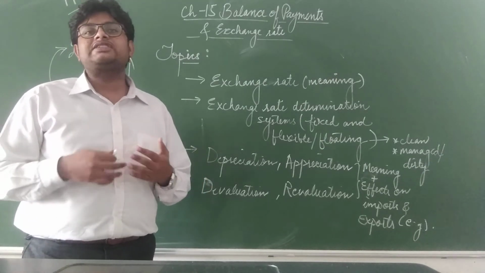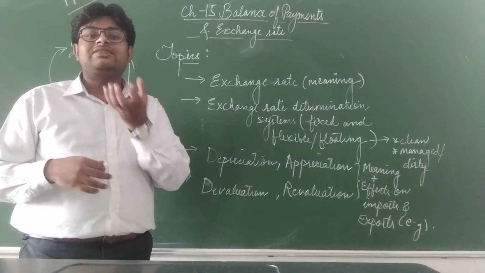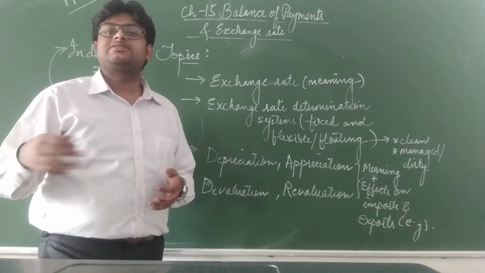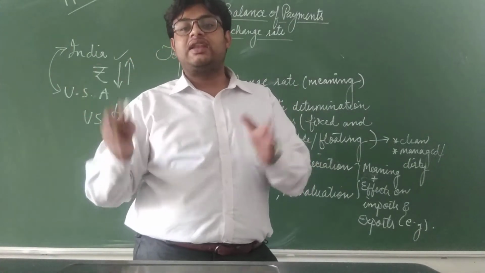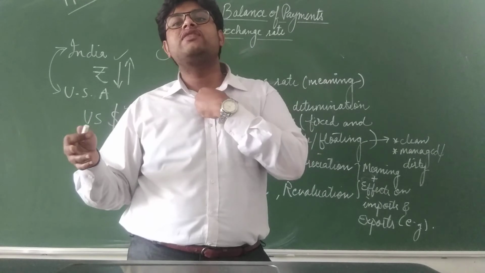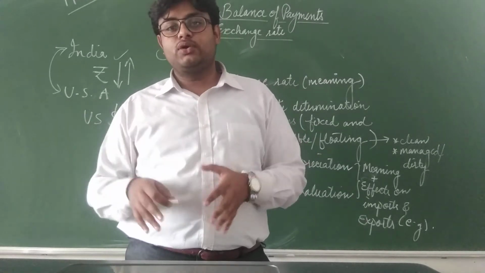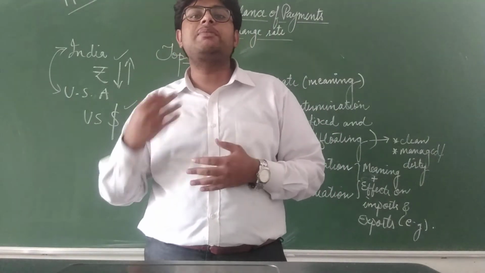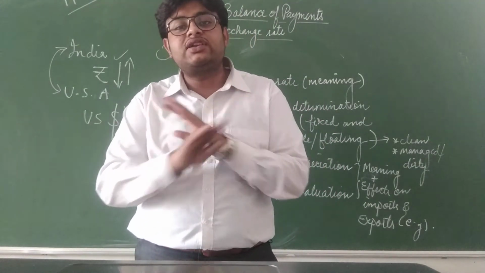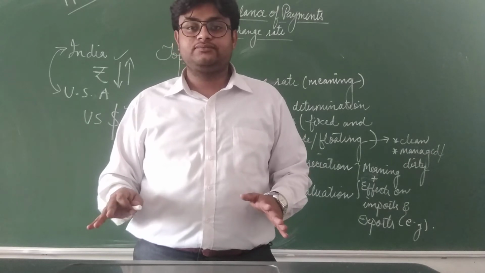So different countries have to pay the other country in the currency which is prevailing in the country from which we are purchasing the goods. If the dollar and rupee cannot be exchanged or converted, then international trade is not possible.